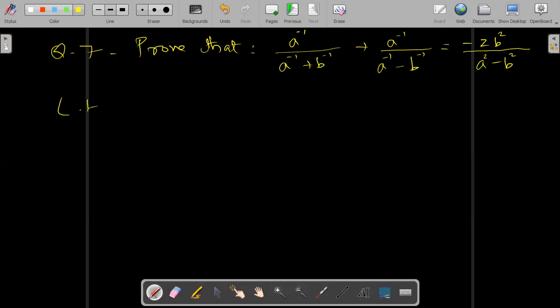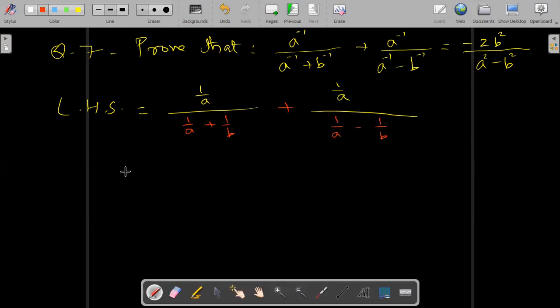So the left hand side we can convert into positive powers. This will become 1 by a, and the denominator will become 1 by a plus 1 by b, plus the numerator 1 by a, and this denominator will become 1 by a minus 1 by b.